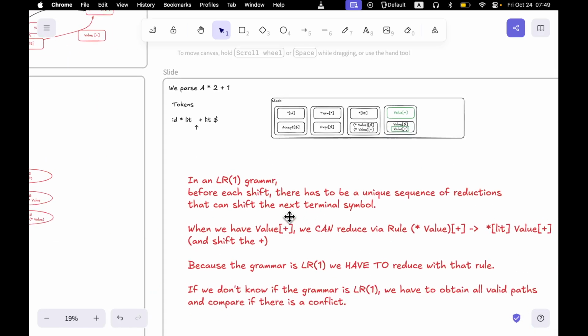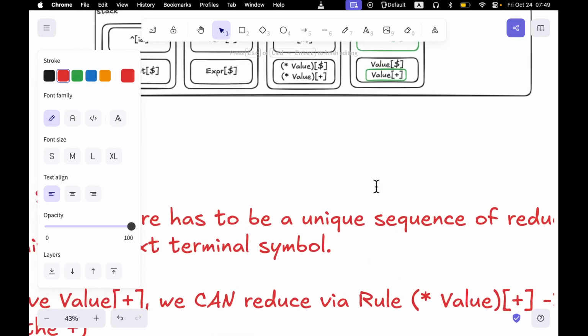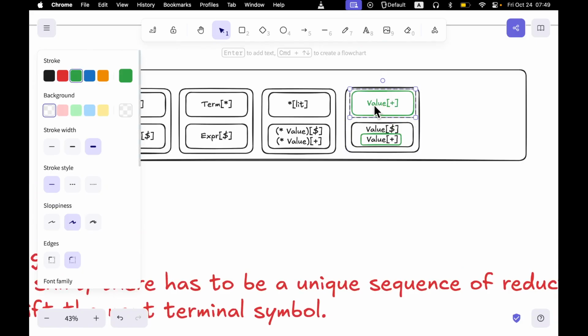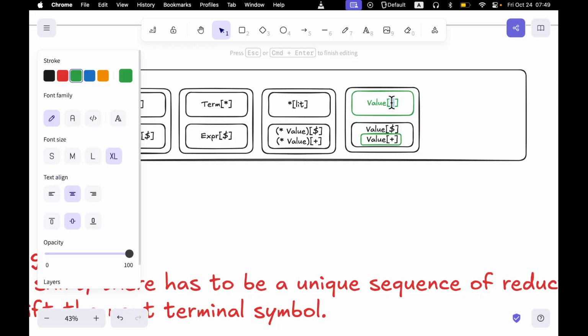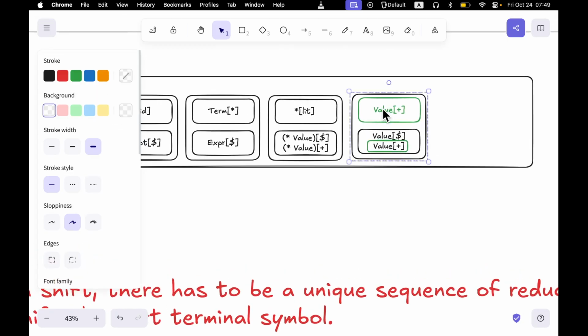Well, in an LR grammar, before each shift, there has to be a unique sequence of reductions that is actually able to shift the next terminal symbol. For example, in an LR grammar, the last state is value, and it can shift. Okay, so the last state is value.